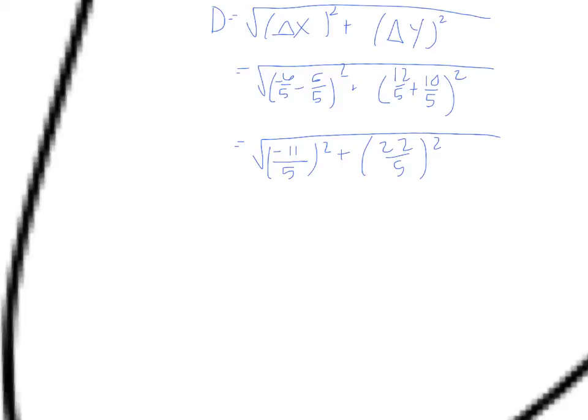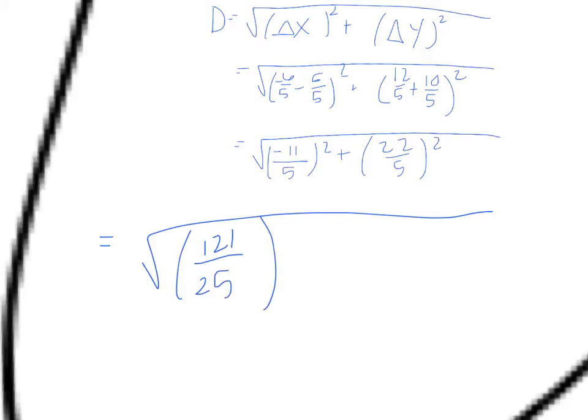And then from here, you're going to square everything. So you'll still have this. Negative 11 squared is 121 over 25, because you're squaring your 5 too. Plus 22 squared is 484 over 25.